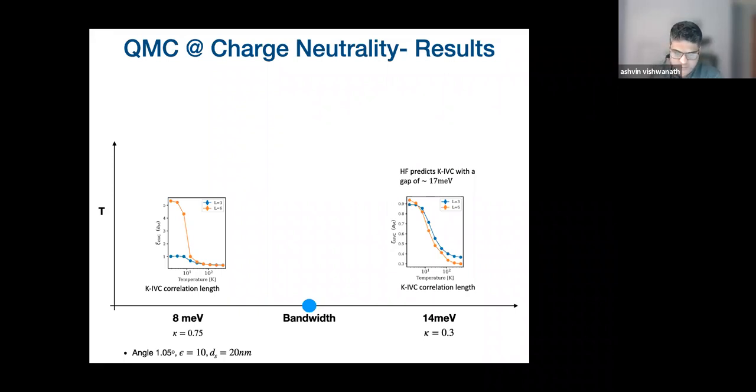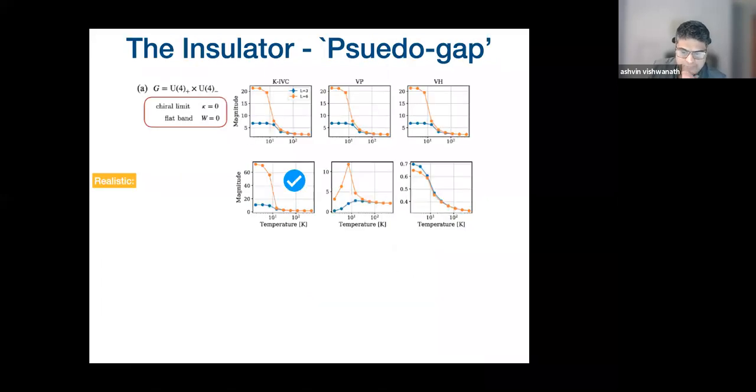The other thing we did was to look at the insulator while raising the temperature. One quick thing I will show is that this, at least in the somewhat smaller bandwidth regime, is in very good agreement with what we expect from the strong coupling limit at low temperatures.